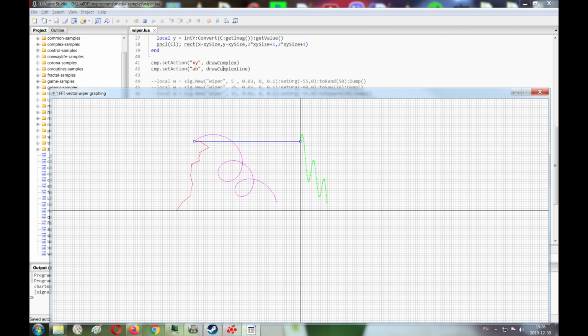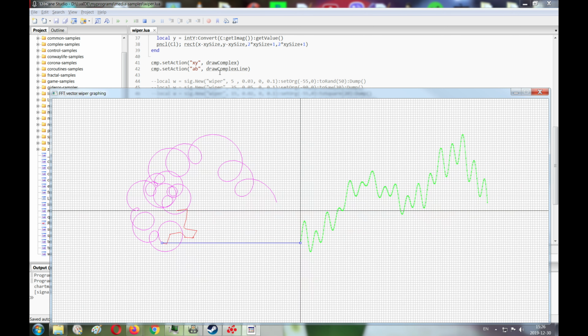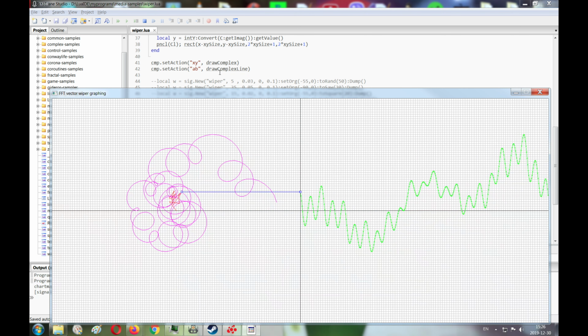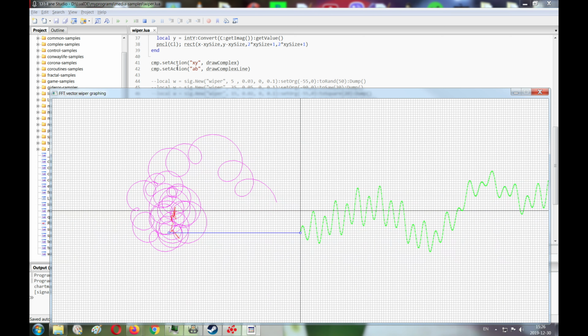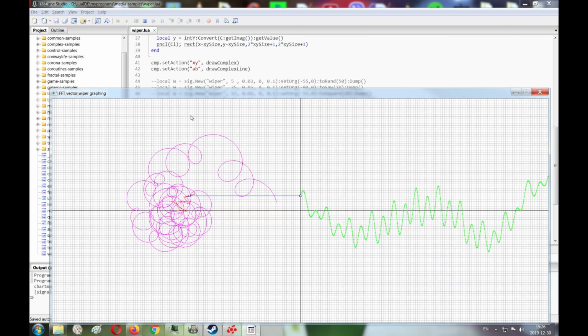This may seem chaotic at first, but this is actually a periodic function. You can ask, why so? Because it's a sum of periodic functions. Simple as that.